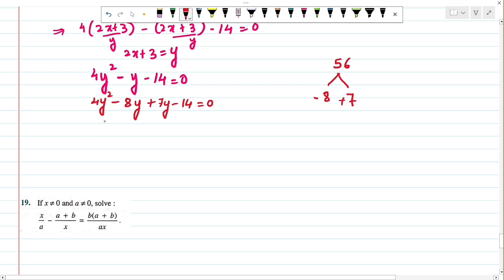So if I take the common terms, I'll get here 4y. In the bracket, I'll write y minus 2, and here also I'm writing y minus 2. This is plus 7 which is equal to 0.